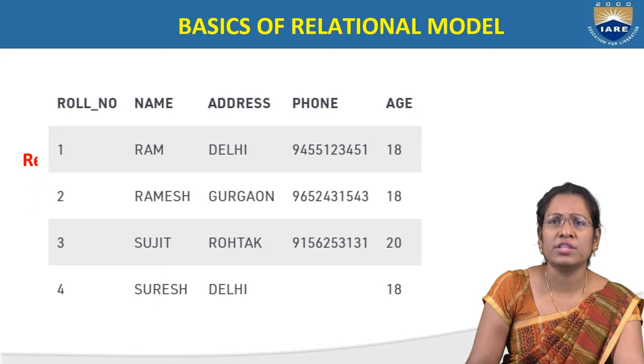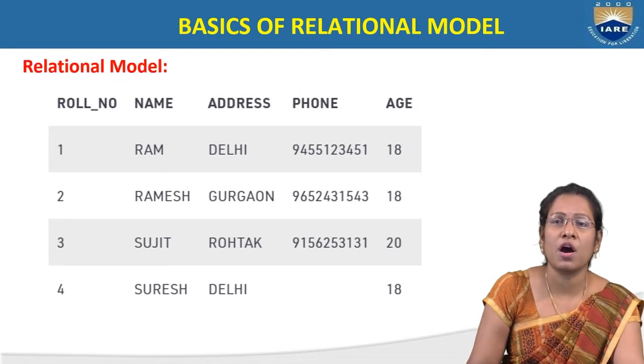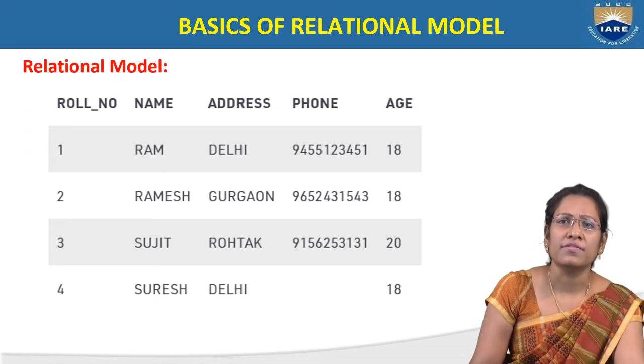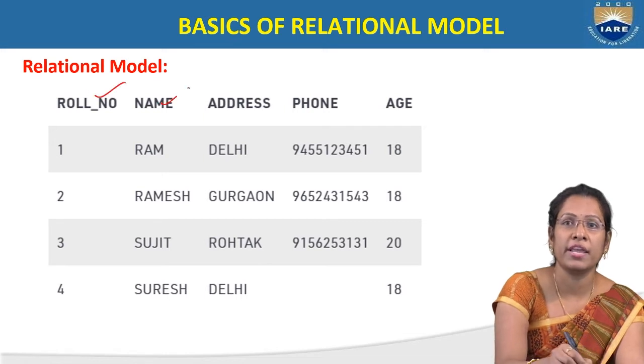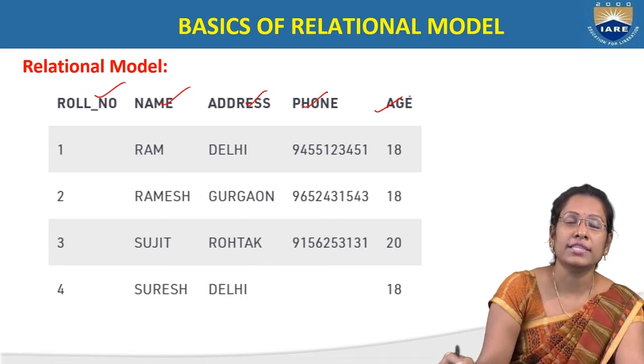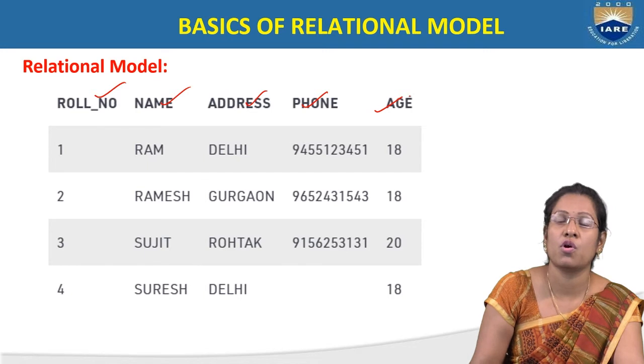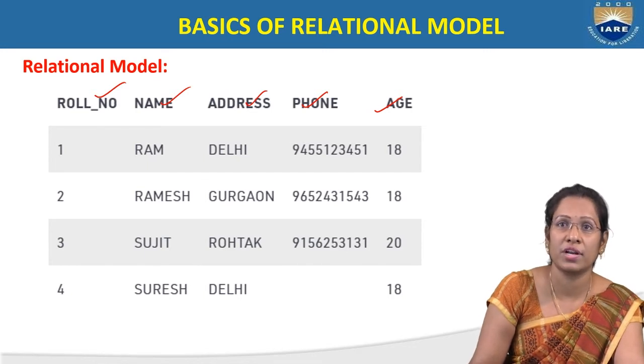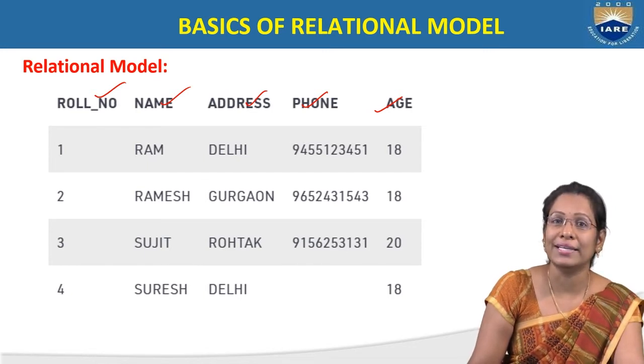This is an example of how the relational model looks. Here we have roll number, name, address, phone and age.